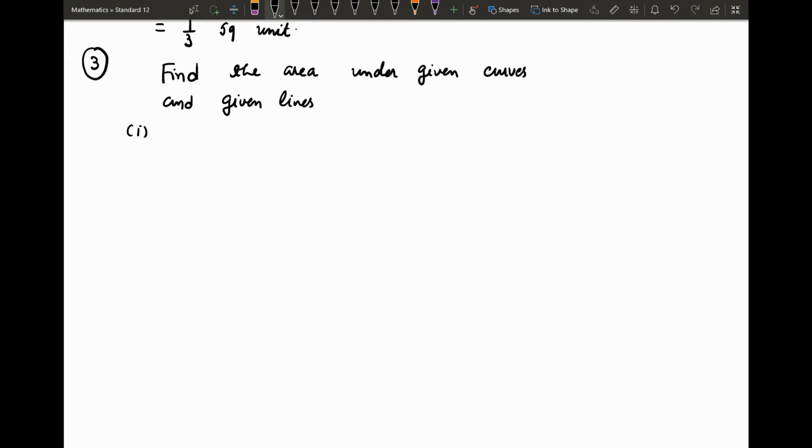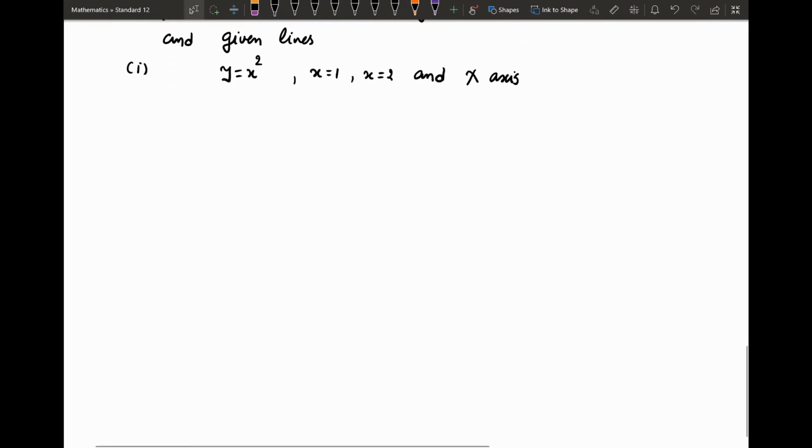First one, y equal to x square, that is a parabola, x equal to 1, x equal to 2, and x axis. So y equal to x square is positive, so y is always positive. So the parabola lies in the first and second quadrant.